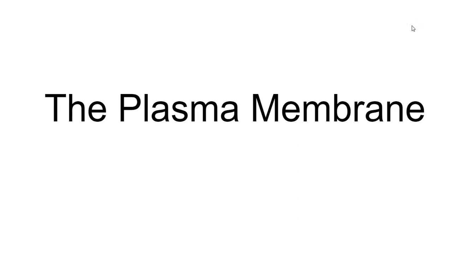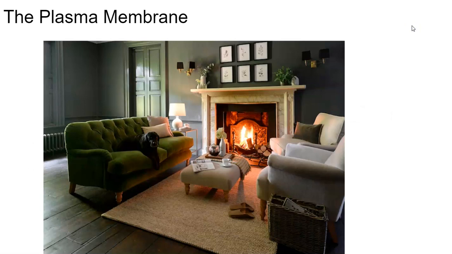So, to think of the plasma membrane, we shall imagine ourselves being outside in the cold and rain. Maybe there's snow or hailstones. It's not much fun at all, but when we get to our house, it's nice and cozy and warm. So there are walls of our house that protect us from the bad weather outside.